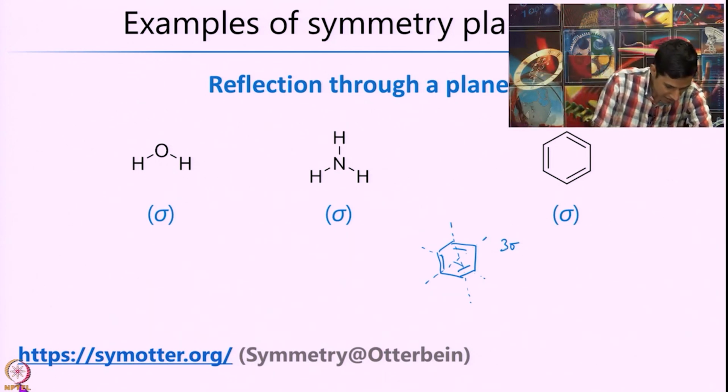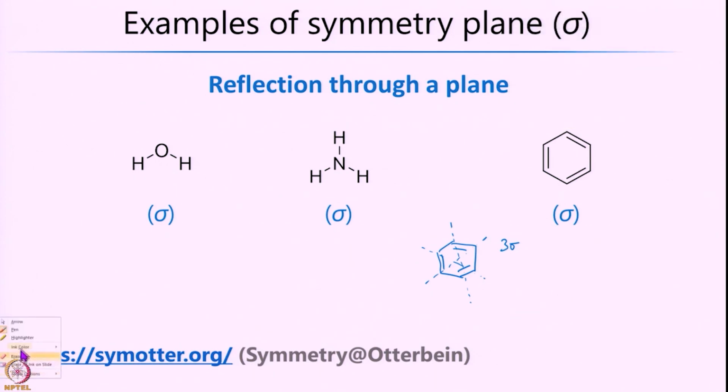And similarly as we did for the proper axis, we can also do for the sigma plane, that I can draw now between the atoms and through the bonds. Yeah, I can have one which is going through this, and similarly between these two opposite bonds I can have another going through, and here again I have one more going through this.